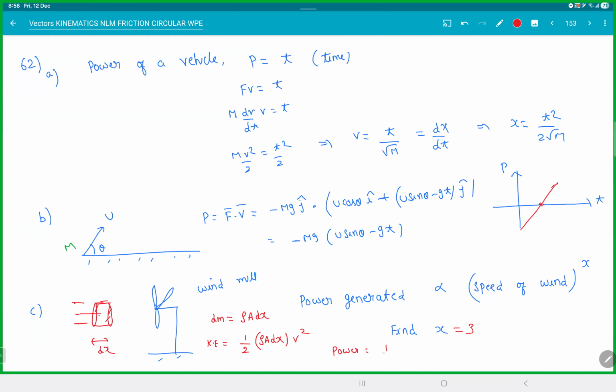So that's half rho A dx by dt v square. That will be half rho A v cube. That is assuming all the wind's power is converted into electricity. That's not true. You will get an efficiency of maybe around 15-18%. Clear with that? That's a cube function for the power there.